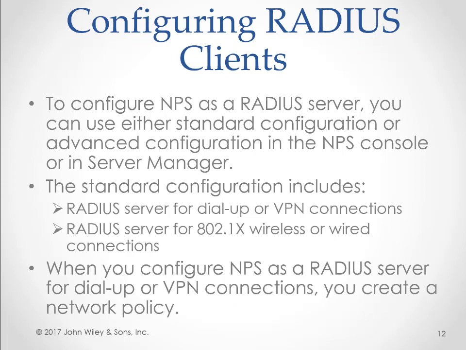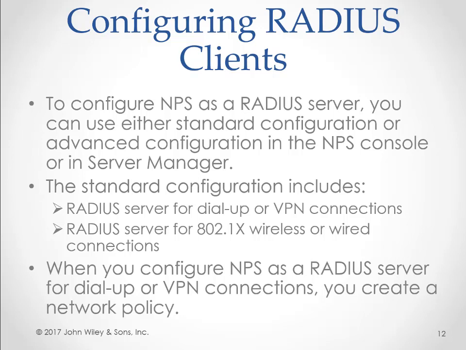When we go to configure our NPS as a RADIUS server, there are two configurations: standard configuration or advanced configuration. Our standard configuration is to configure your RADIUS server for dial-up or VPN connections, or as a server for 802.1x wireless or wired connections. If you are going to configure it for dial-up or VPN connections, you have to create a network policy.